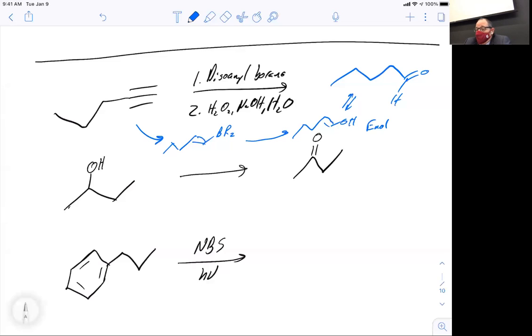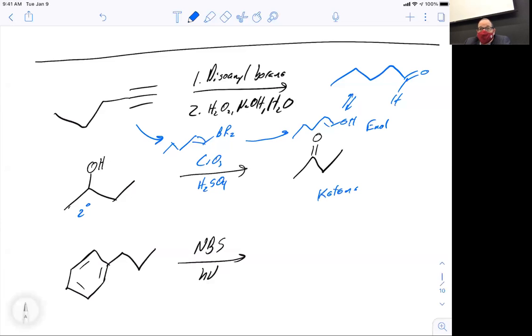Okay, the next one, we do an oxidation of a secondary alcohol, right, to a ketone. So secondary alcohol to a ketone, we could have used one of our reagents that give chromic acid, such as chromium trioxide and acid, or we could have used sodium dichromate and acid.